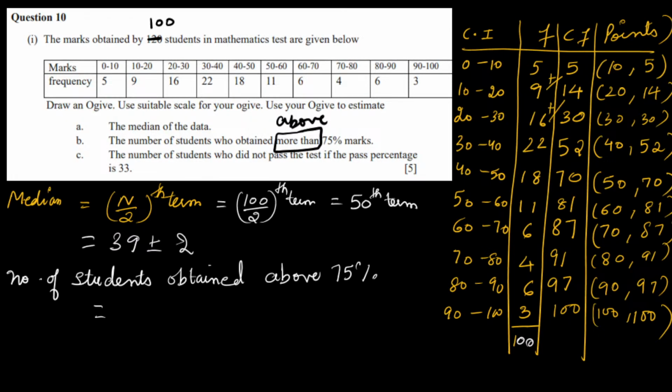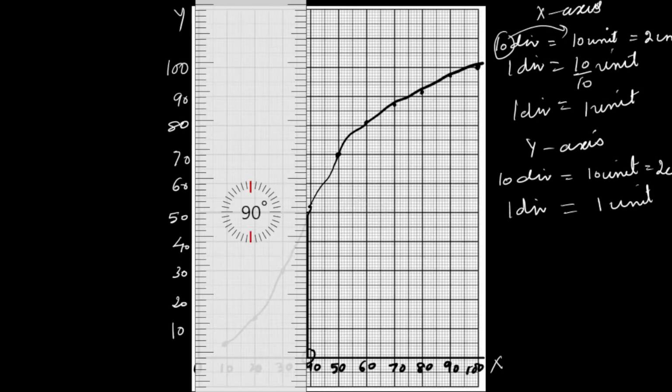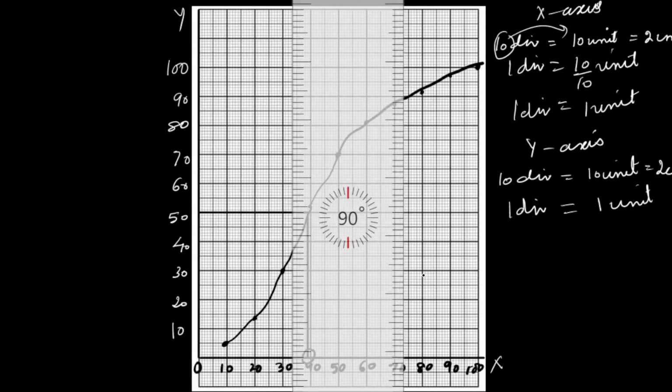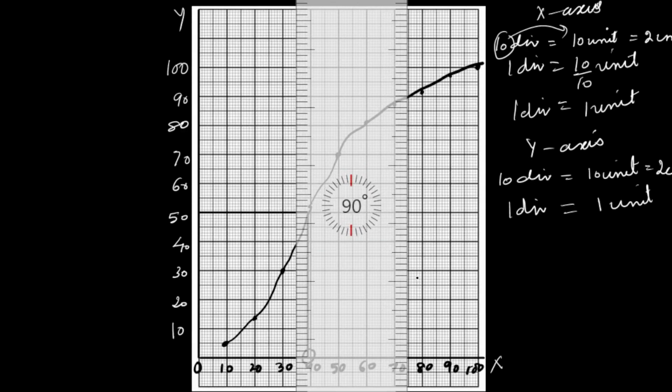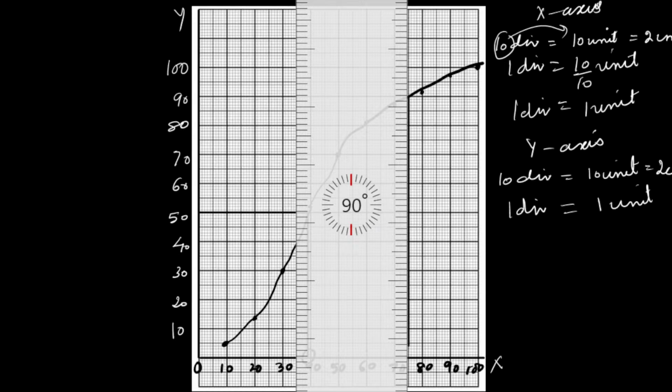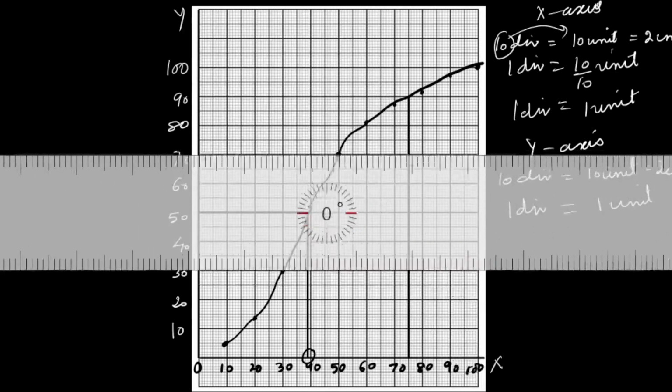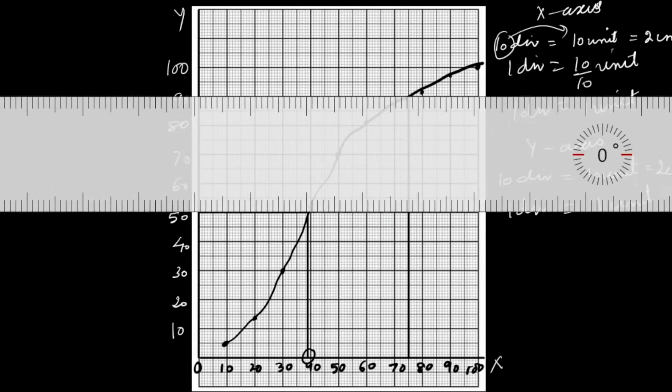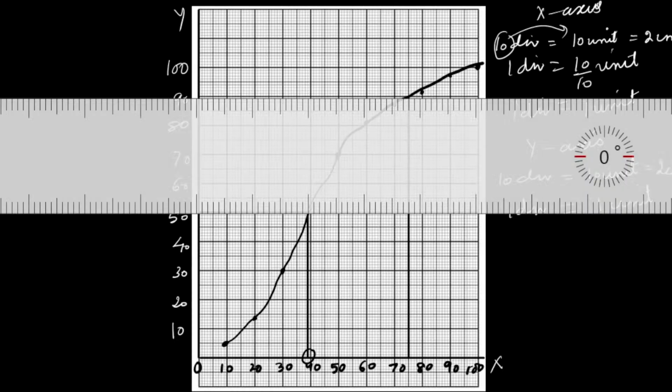We have to find a number, and number is on the y-axis. Earlier, to find the median, which is on the x-axis, we drew the line from the y-axis first. Now we have to do the opposite. We find 75 on the x-axis, draw a vertical line to the curve, and from where it meets the curve, draw a horizontal line to the y-axis.